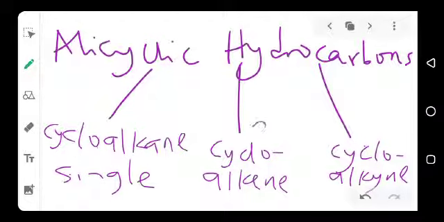Now this has a double bond, cycloalkene, and this has a triple bond, cycloalkyne.